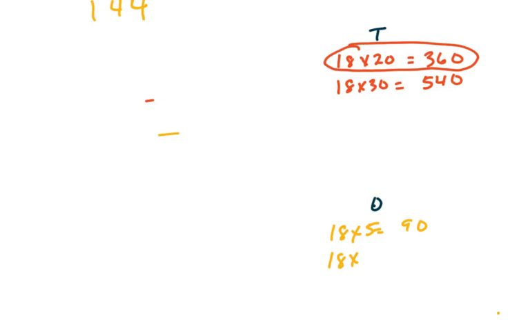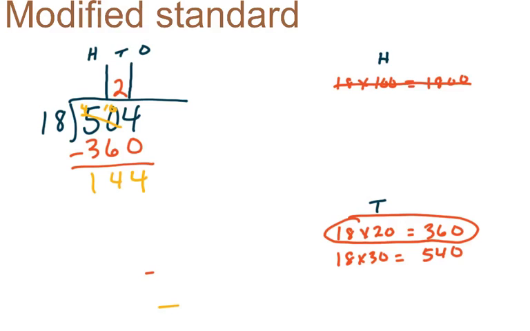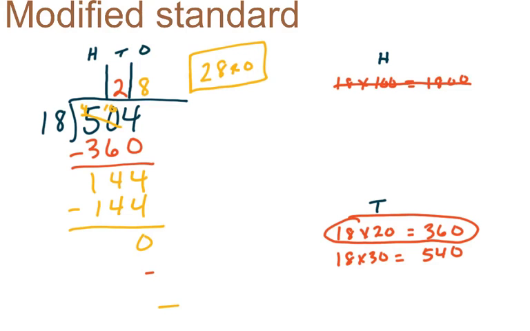So 18 times 8 is indeed 144. So we circle the one that we're going to use. We put our 8 in our ones place. 18 times 8 is 144. We subtract it, and that gives us a remainder of 0. So our quotient for this one is 28 remainder 0. Here's our quotient or our answer for this problem.